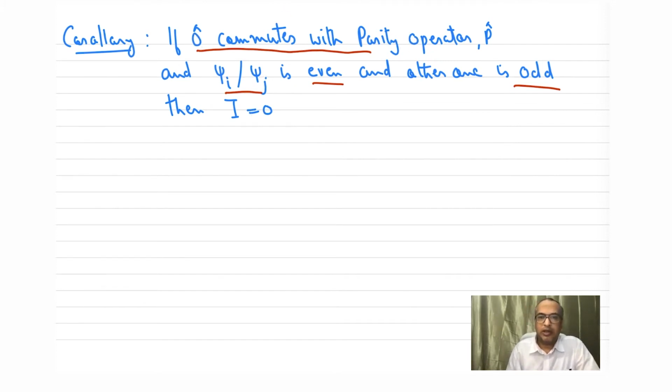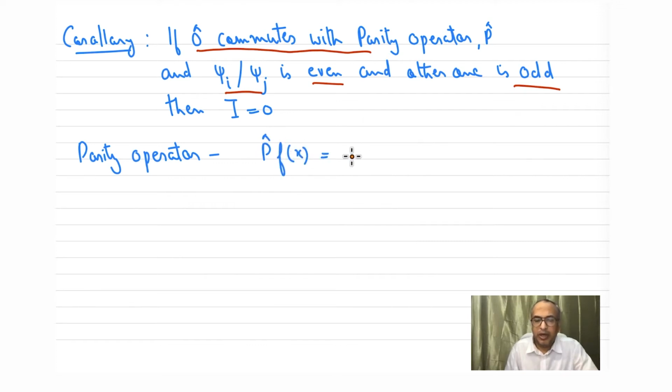So now let us look first at what a parity operator is. The parity operator, denoted by P, on any function inverts the sign of the variable.